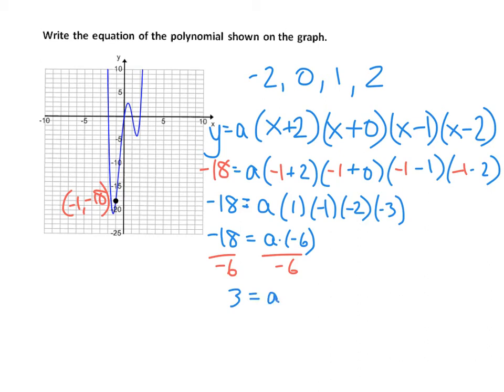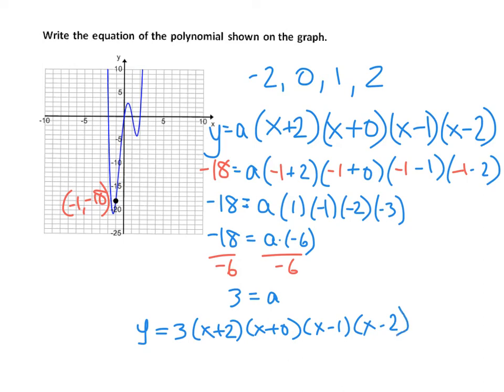So a equals 3. And our last step then, after we find out what the a value is, we do need to write the equation as a final step. So y equals 3 times x plus 2 times x plus 0 times x minus 1 times x minus 2.